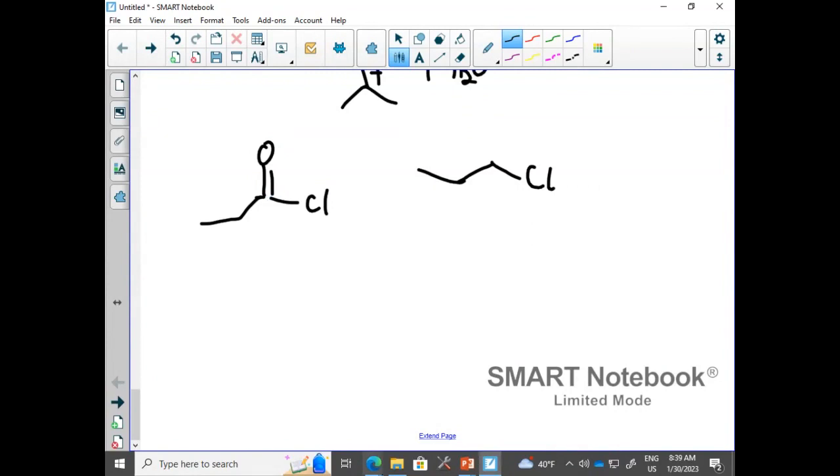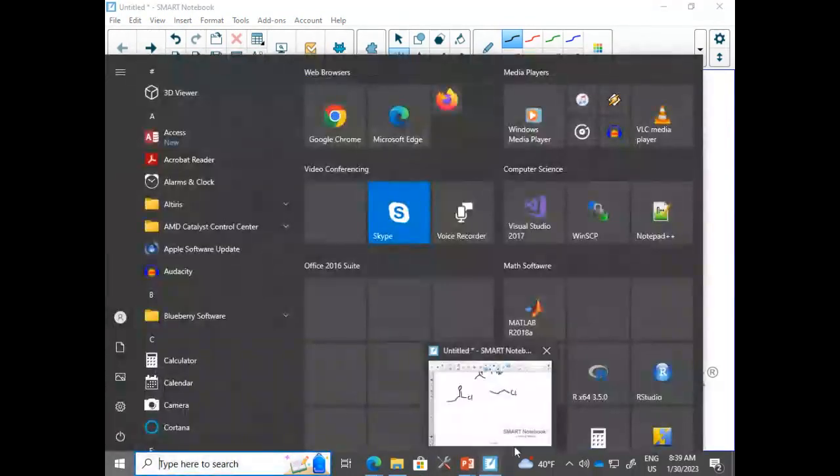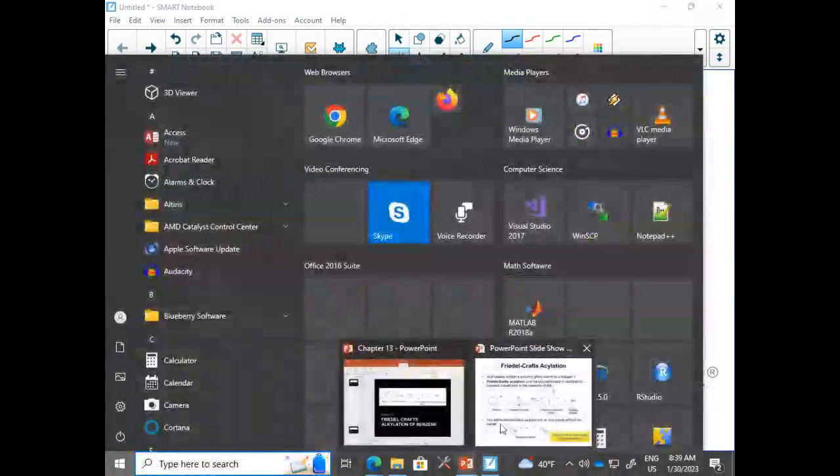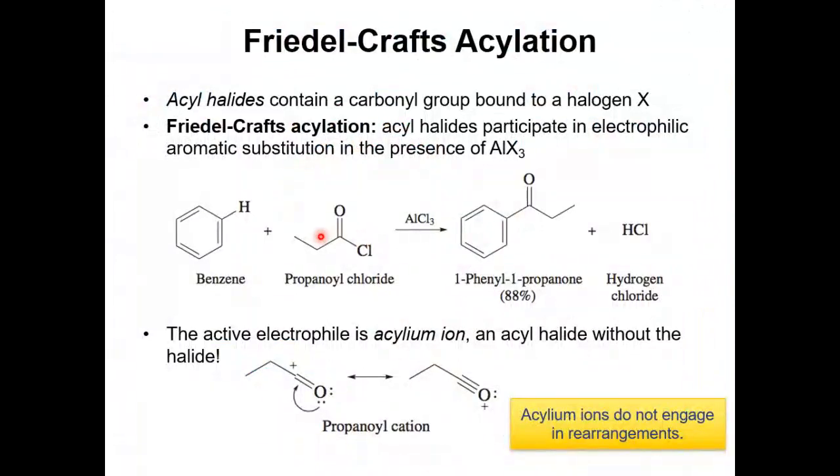So no wonder this one can also serve as an electrophilic reagent and react with benzene. And typically you will also need to use aluminum chloride as a catalyst. So the net reaction is that the carbonyl carbon, the one connected to oxygen, will be bound to the aromatic ring.